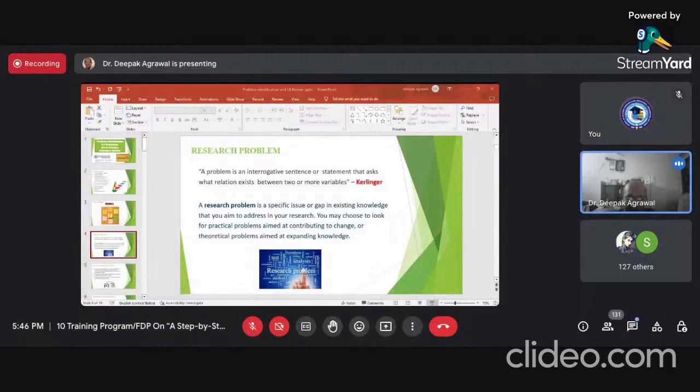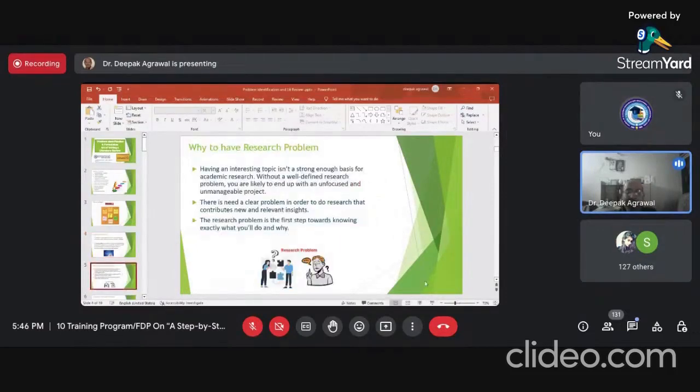We try to identify those gaps and find a solution for them. It may not be necessary that whatever you identified has not been researched earlier. It may have been researched in some part of the country or some parts of the world. But anyhow, you need to identify the gap between the available resources or reviews you have accessed and proceed with that.